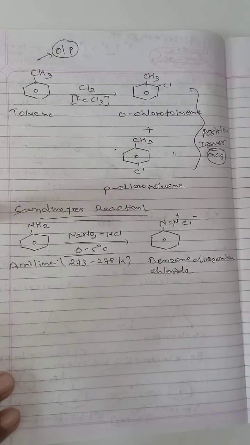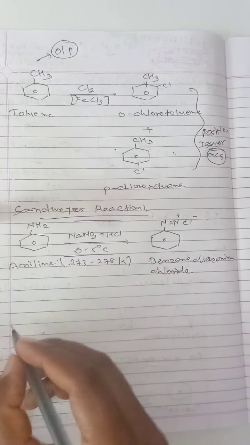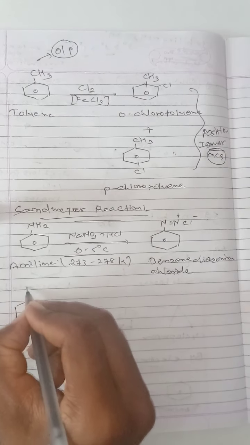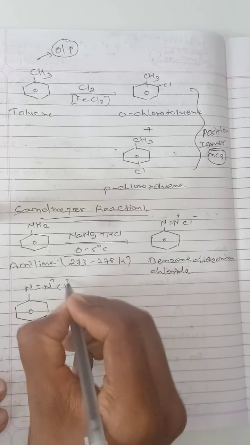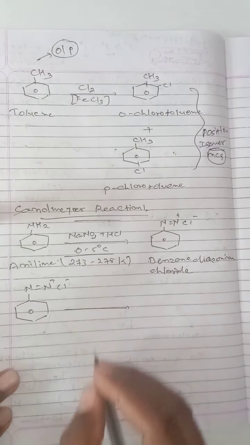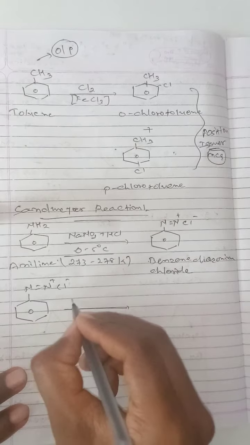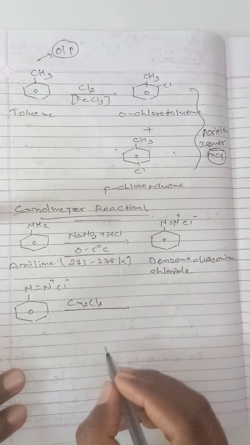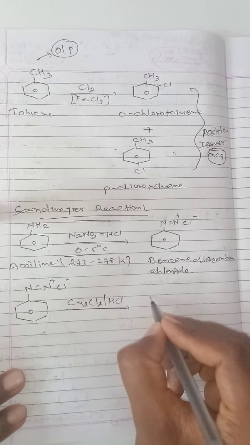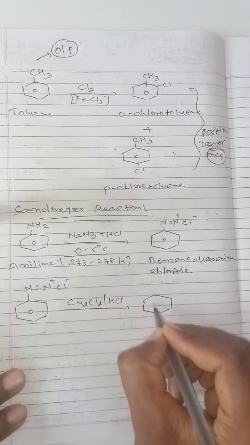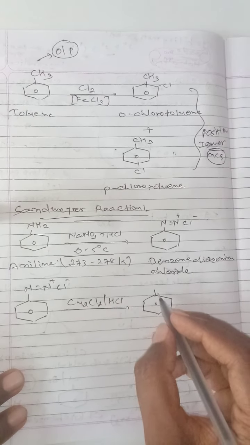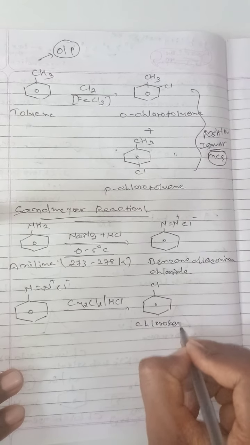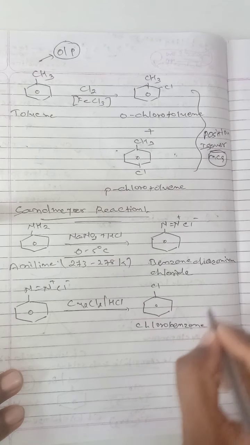And this benzene diazonium chloride reacts with cuprous chloride Cu2Cl2, we get here chlorobenzene.